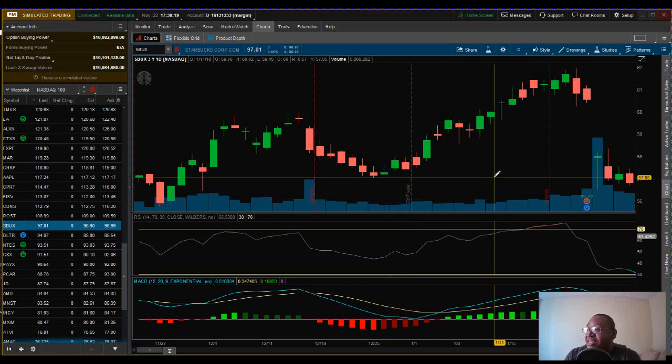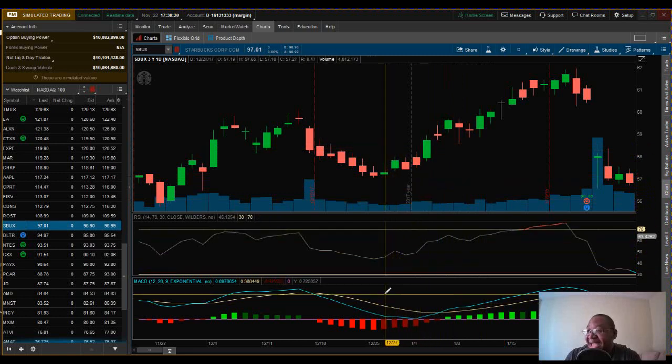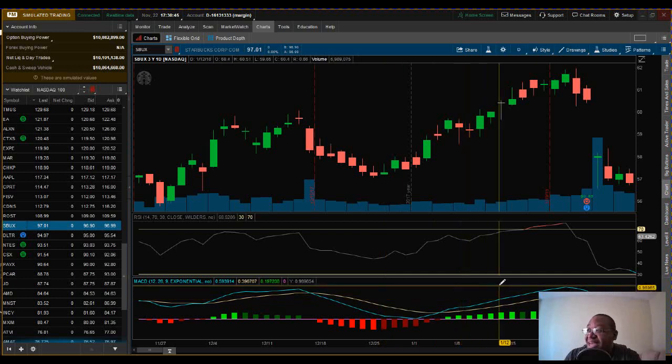And what we're going to do is use just looking at the body of the candlestick, using the RSI, using the MACD, and we're going to determine when to come in and when to go out of a position. Okay, we're going to do this together. The reason why I want to do this is because I want to show you that this series does have value.